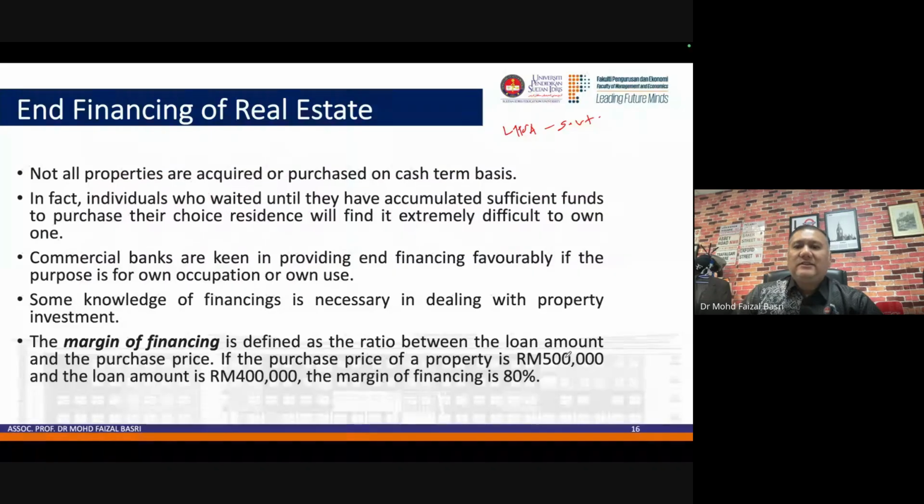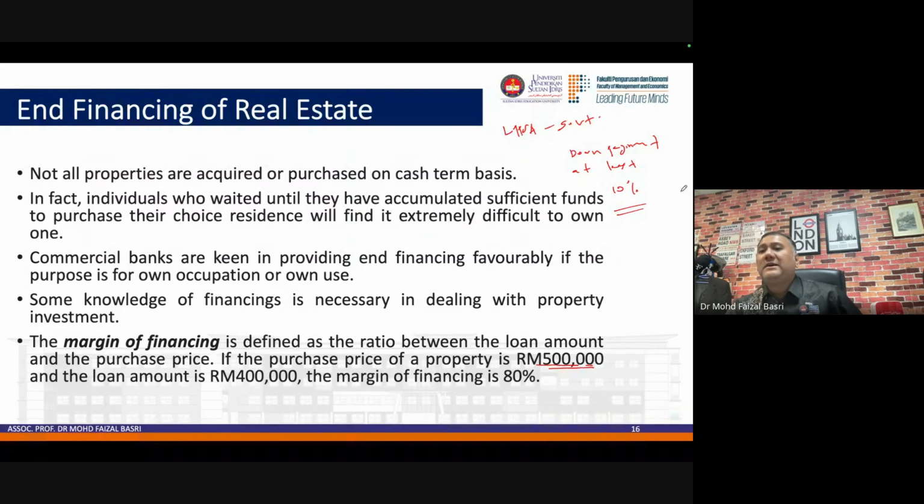So, just for illustration, katakanlah rumah tu harga 500,000. Okay, 500,000. Okay, bank will expect you to pay down payment. Okay, down payment at least 10%. Okay, 10% is expected for a normal deal untuk beli rumah.